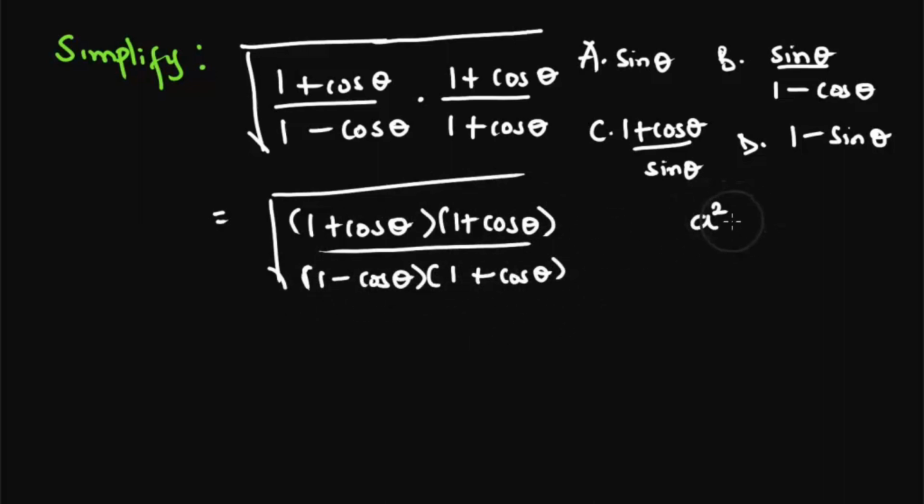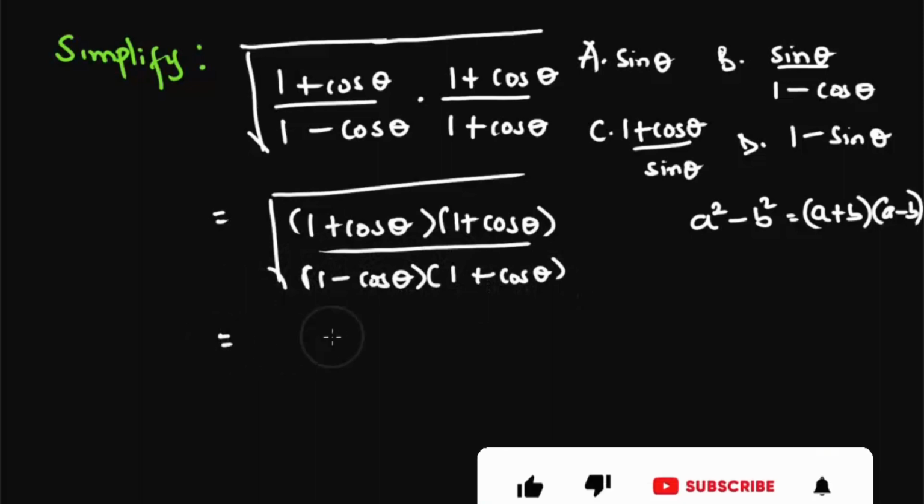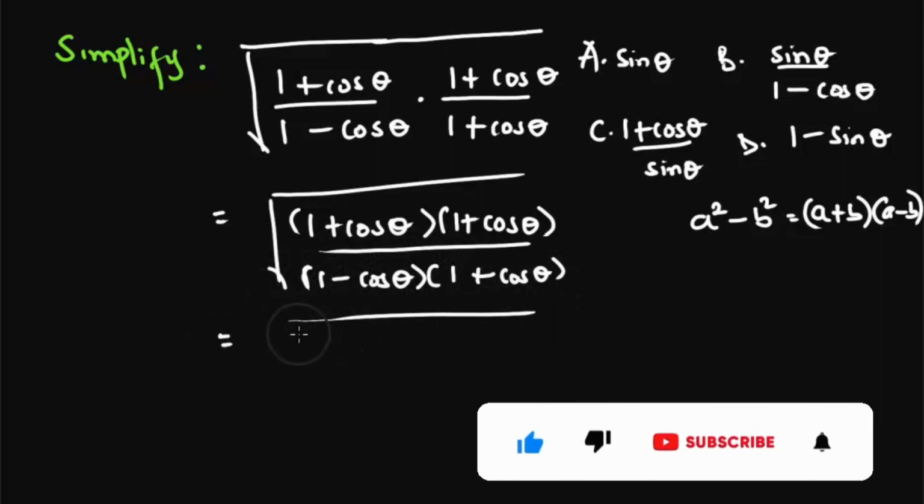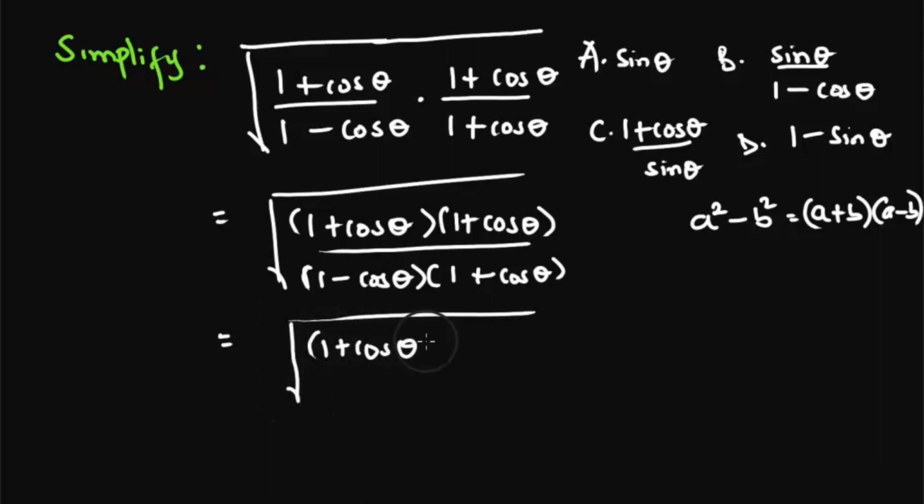I know that a squared minus b squared gives me a plus b, a minus b. Applying the difference of two squares to the denominator, I'm going to have the square root of 1 plus cos theta multiplied by 1 plus cos theta divided by 1 squared minus cos squared theta.